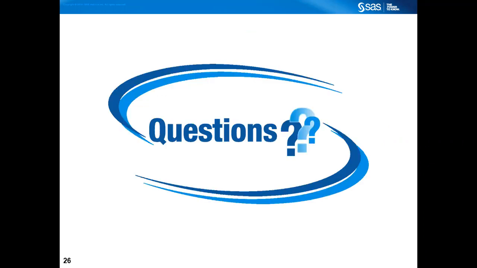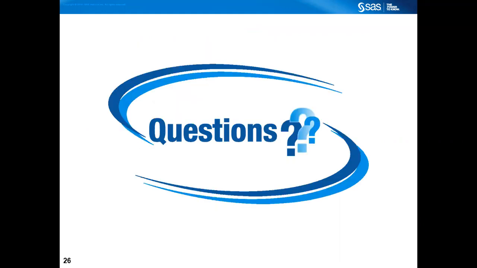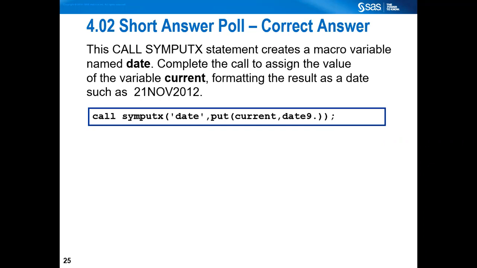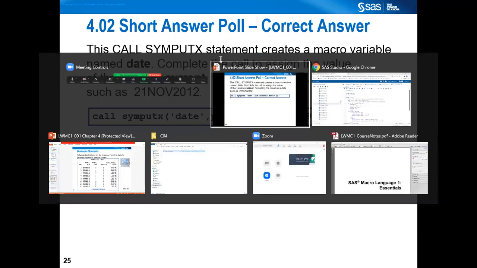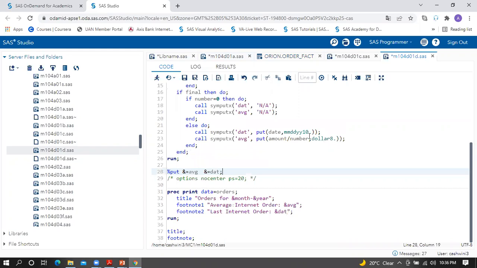And this is an exercise. Okay, now we'll go to this business scenario later, but I would expect you to please work on these demonstrations. Ashwini, we are putting put there, right? With the Symputx statement, how we are calling and creating the macro variable, why are we using put here? It's because this is going to be your numeric variable.